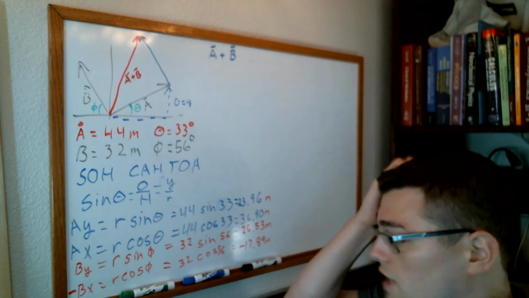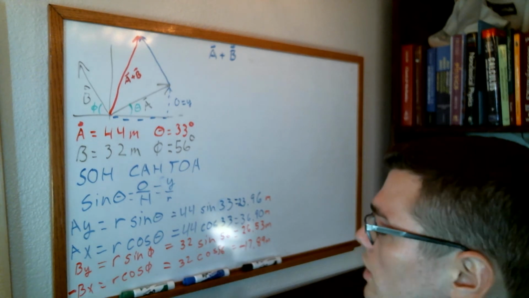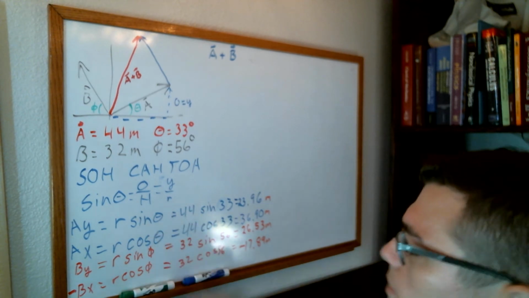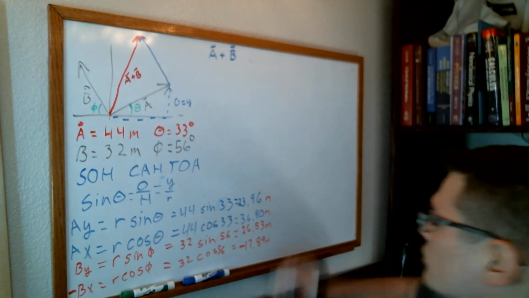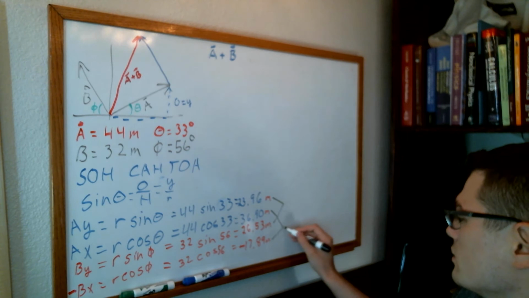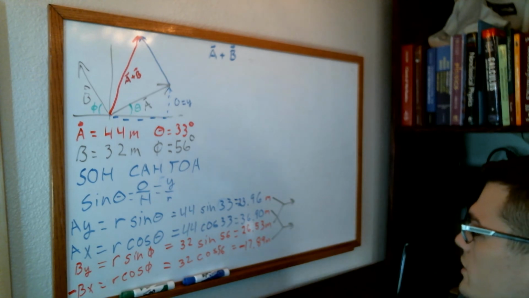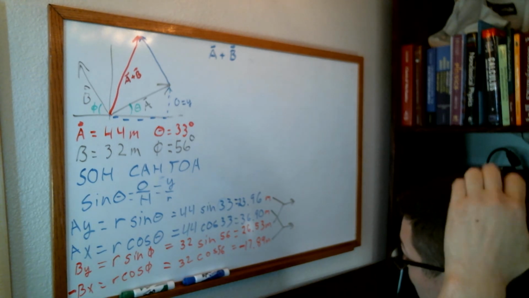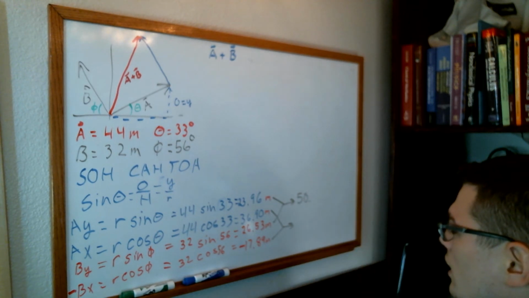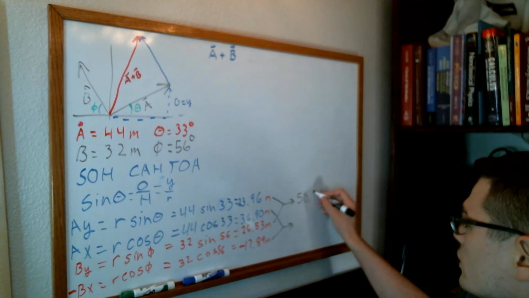Okay, so now we can start to add up our components. The result of this will be, so we'll add up our y components here. I'll just draw some pretty lines here, and I'm adding these together. So 23.96 plus 26.53, that's going to be 50.49.